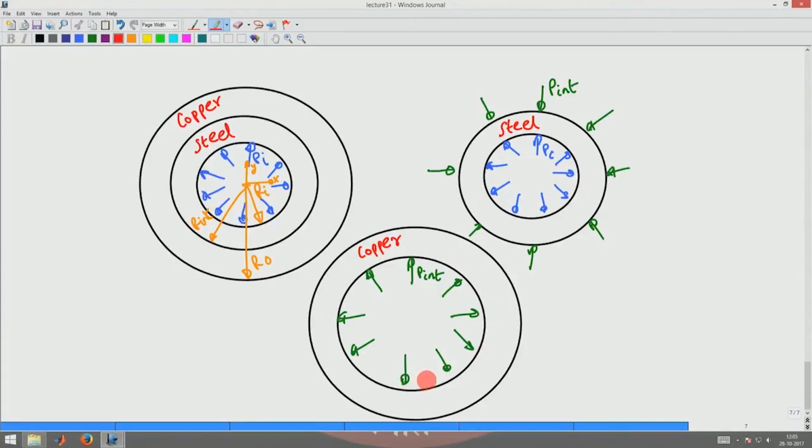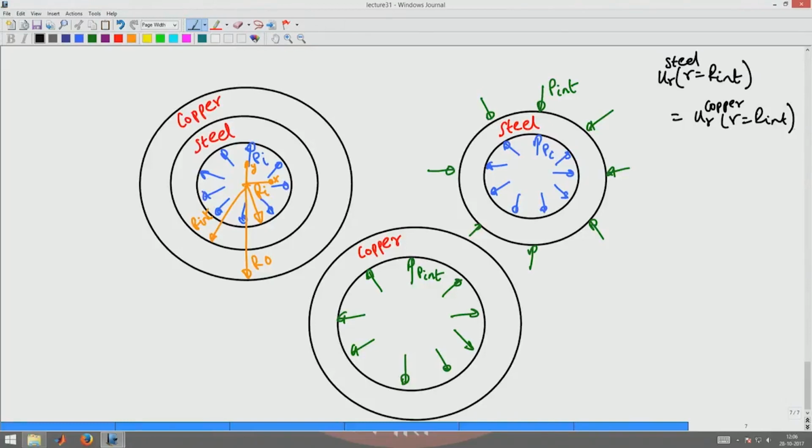What is required is the displacement of the interface: ur at r equal to r interface of the steel must be the same as ur of copper at r equal to r interface. The radial displacement at the interface has to be the same.